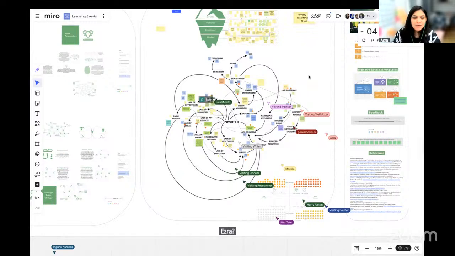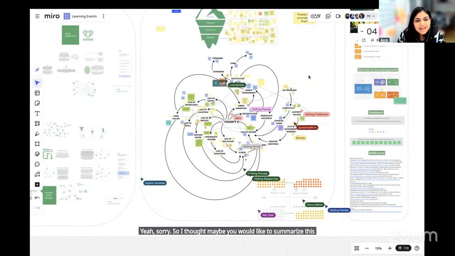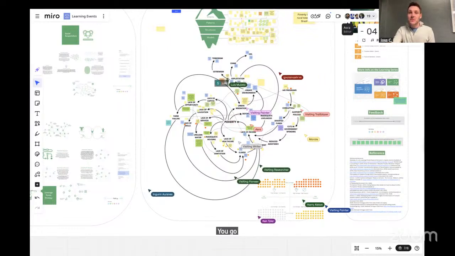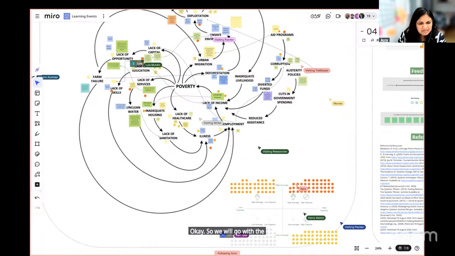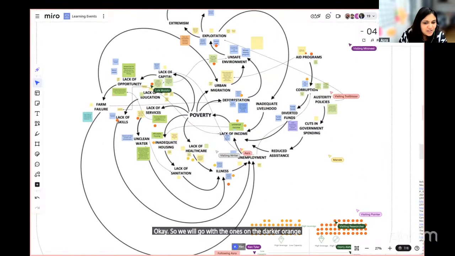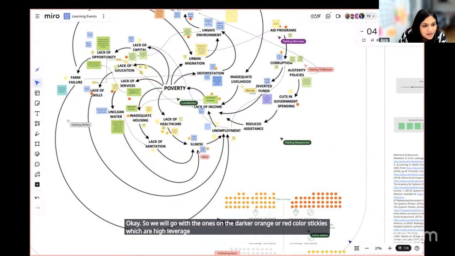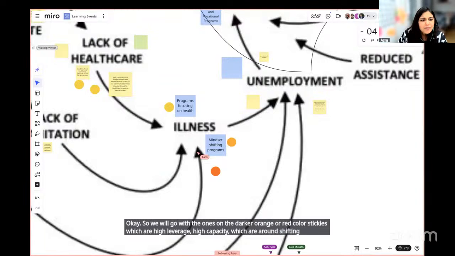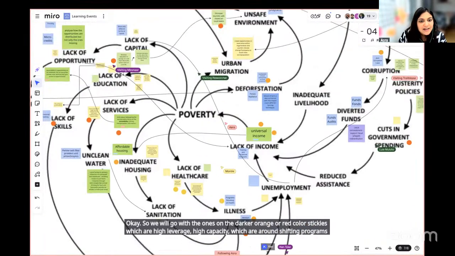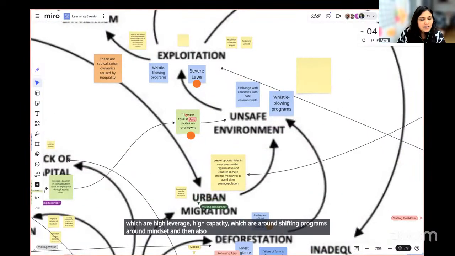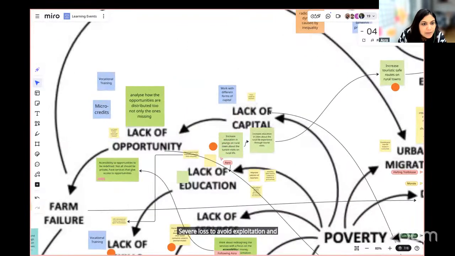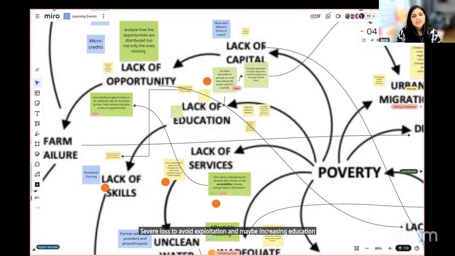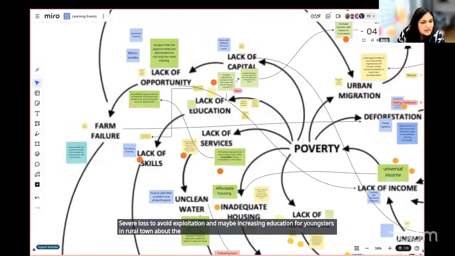Yeah, sorry. So I thought maybe you would like to summarize this bit there. You go for it. Okay. So we will go with the ones on the darker orange or red color stickies, which are high leverage, high capacity, which are around shifting programs around mindset, and then also increasing touristic safe routes on rural towns, severe laws to avoid exploitation, and maybe increasing education for youngsters in rural towns about the tourism visits on rural life.